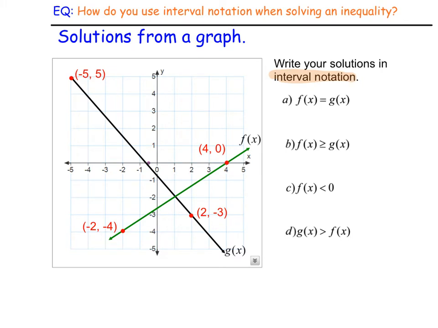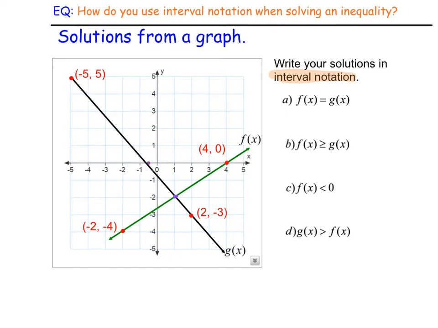So where's the y value of f equal to the y value of g? Our solution here is going to be that x value. What's the x value when y of f is the same as y of g? That is the intersection point. So there's our x value when the two y values are the same.